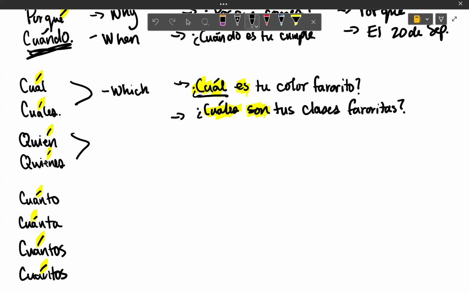Down here, quién means who. So if I ask you the question, ¿Quién es Jillian? Who is Jillian? We all know Jillian, she's a student at CSG, right? We also have ¿Quiénes son?